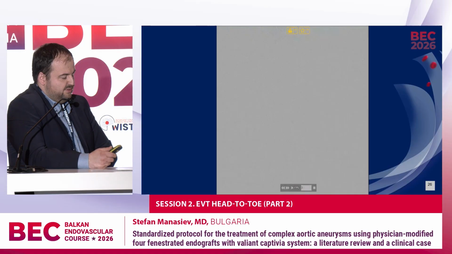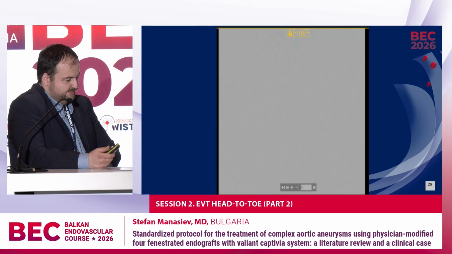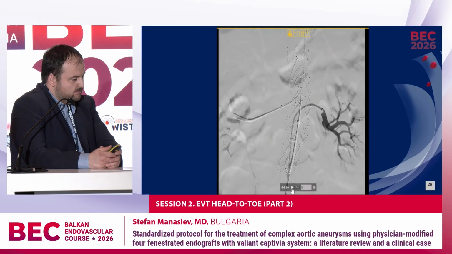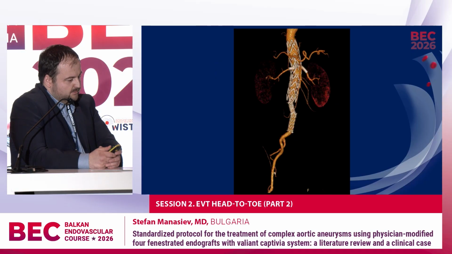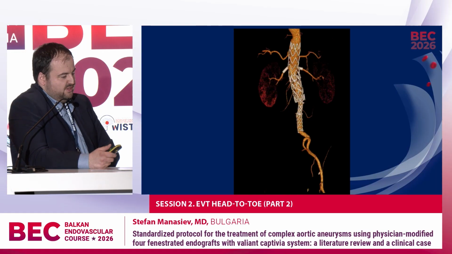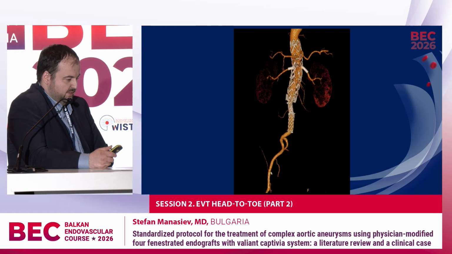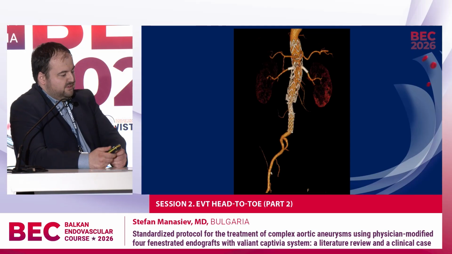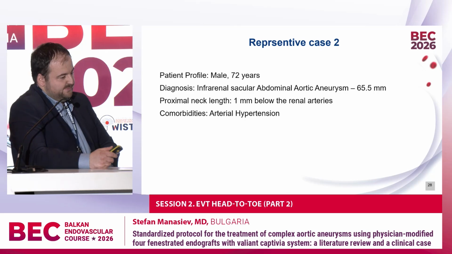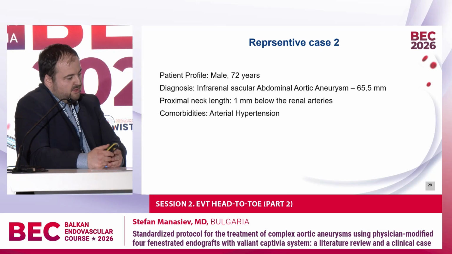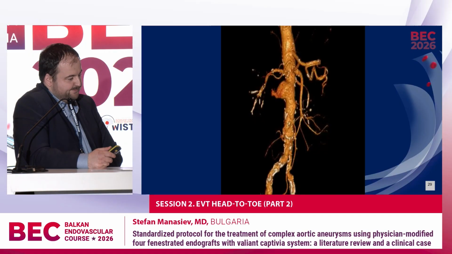The superior mesenteric. And this is the final result, with an ortho-unilac EVAR and a patent internal iliac artery. The representative case 2, also a male patient, infrarenal saccular aneurysm with short neck.